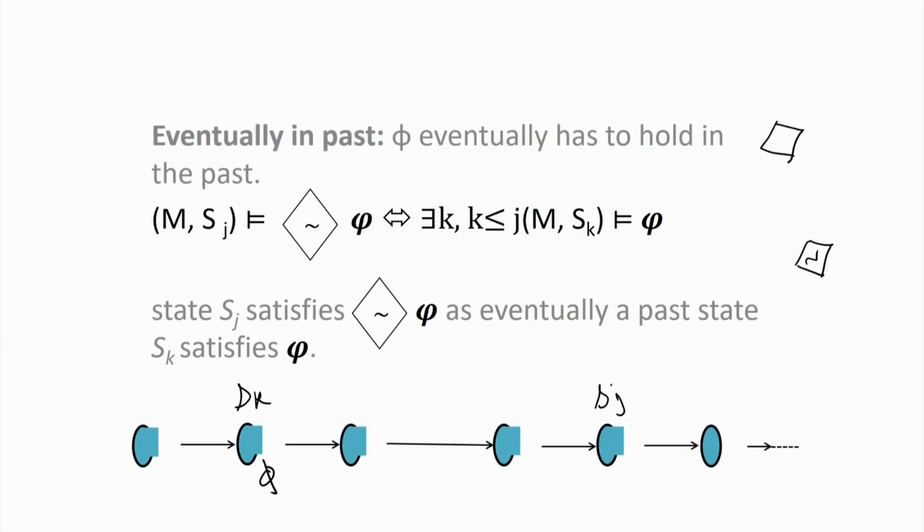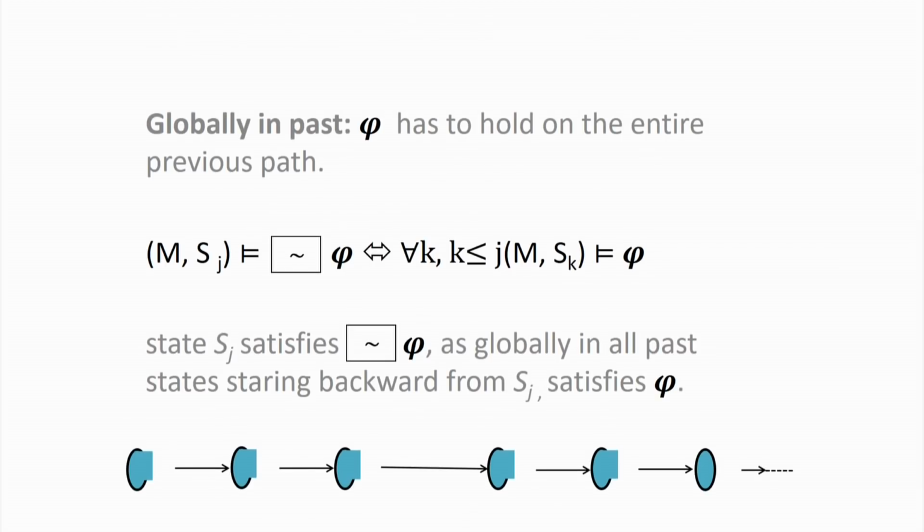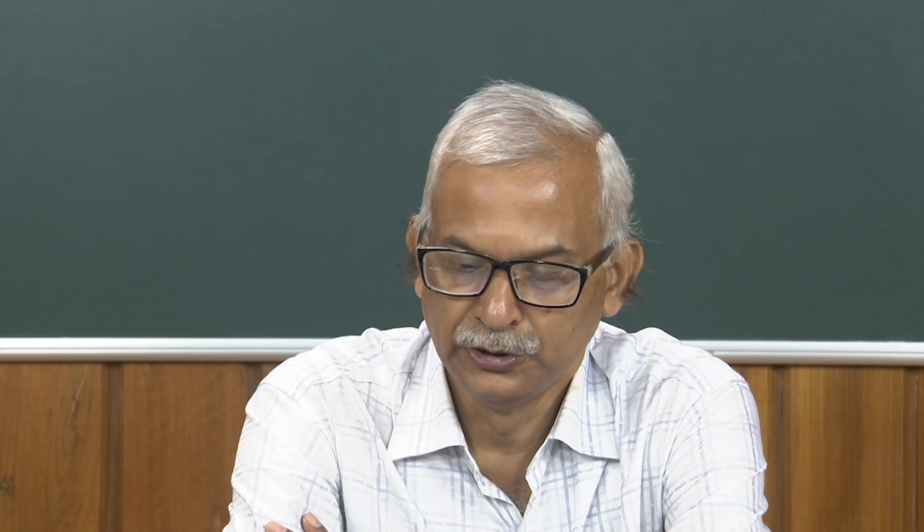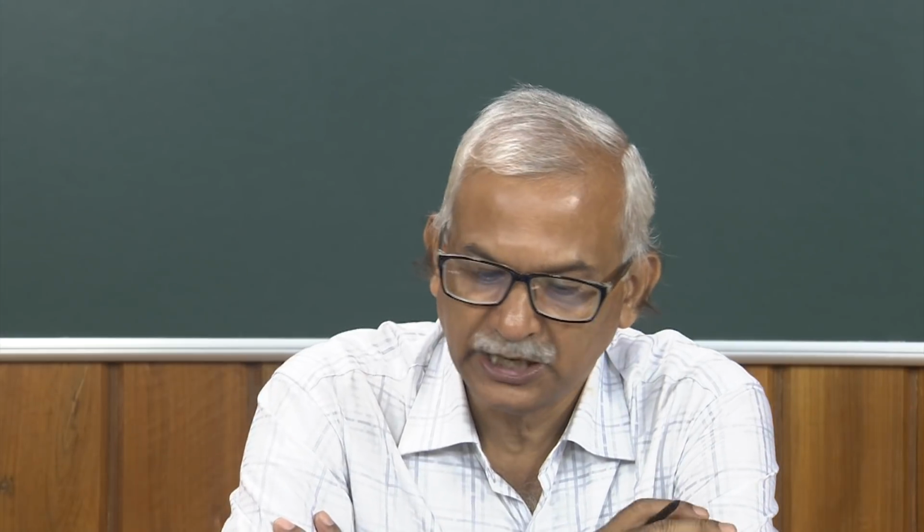Okay. So, this corresponds to the future operator. Similarly, globally in past. So, the box is used for the global operator. Box, and inside that if we put the tilde symbol, then it is the globally in past. So, basically the notion is the same.